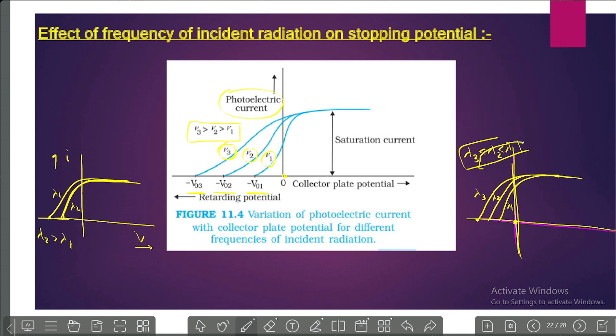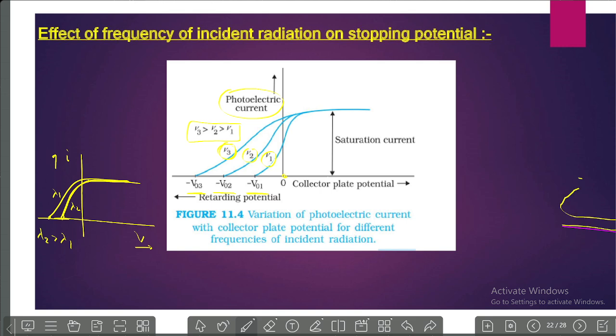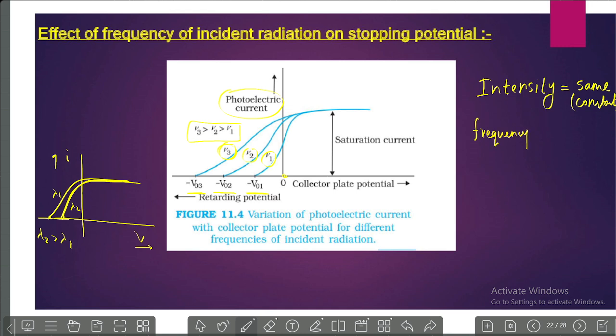So the intensity is the same or constant, but the frequency is different. If they ask with lambda 1 and lambda 2, you can do it this way. Clear? Now, what conclusion can we draw from this graph?